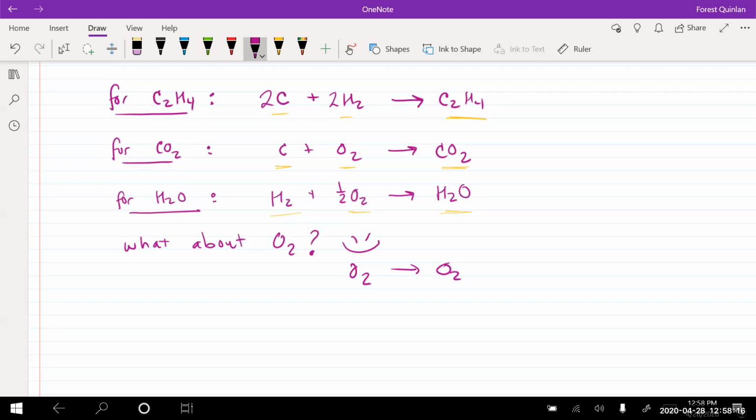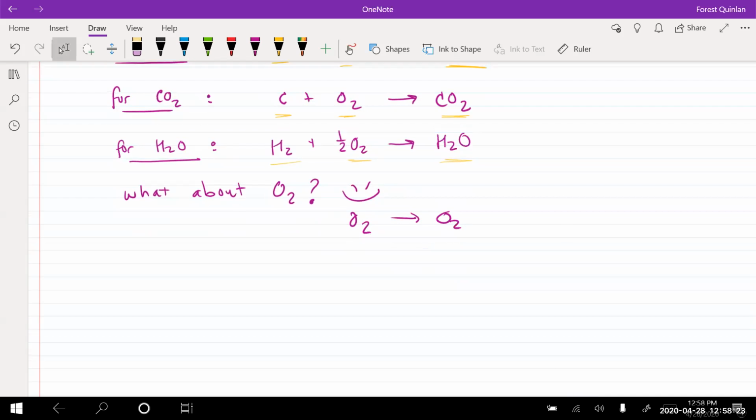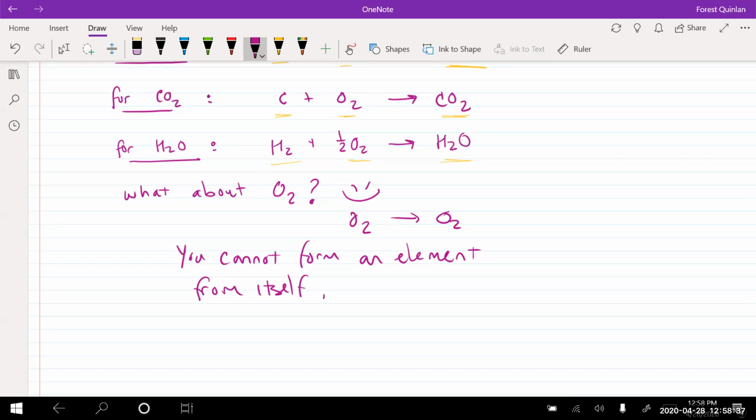So it's interesting. You can't form an element from an element. It's already itself. So you cannot form an element from itself. It just is.